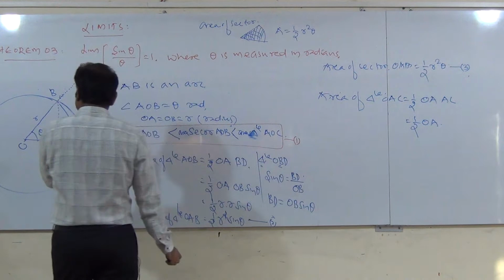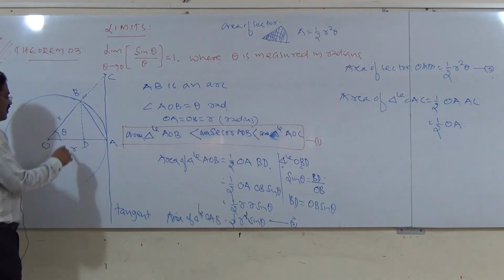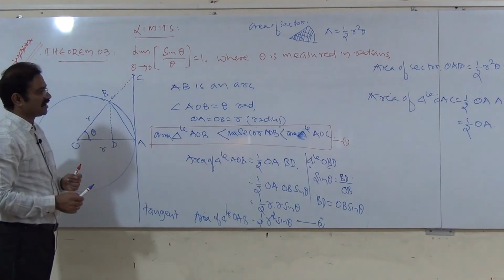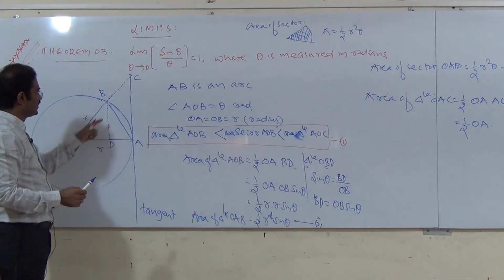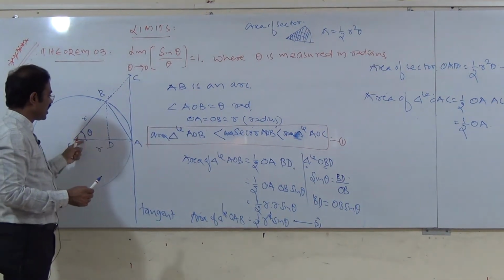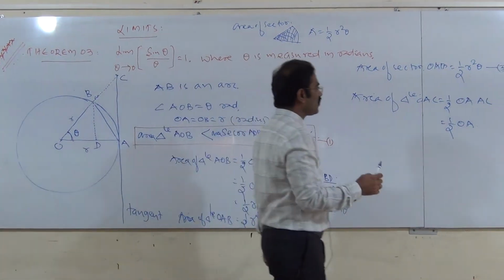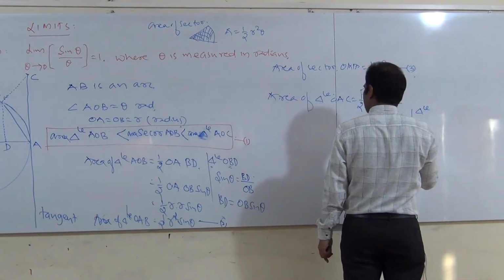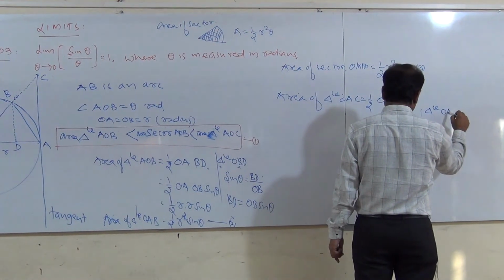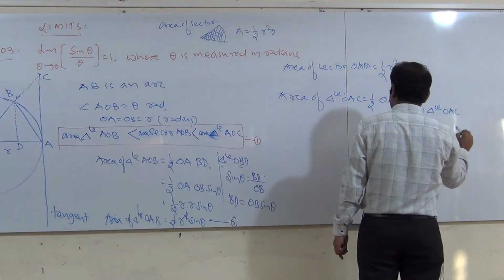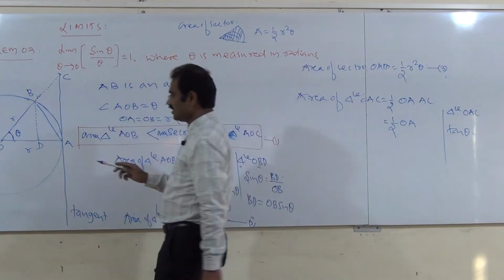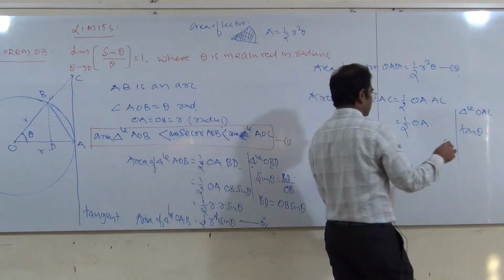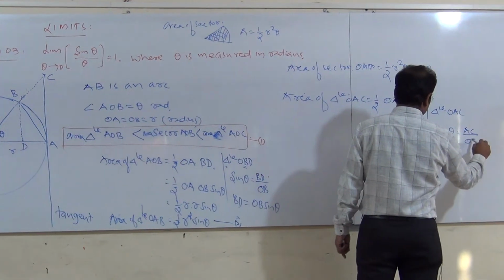What is AC? To find the value of AC, I go to this triangle OAC. In triangle OAC, I define tan theta, opposite side divided by adjacent side. Tan theta is equal to AC divided by OA.